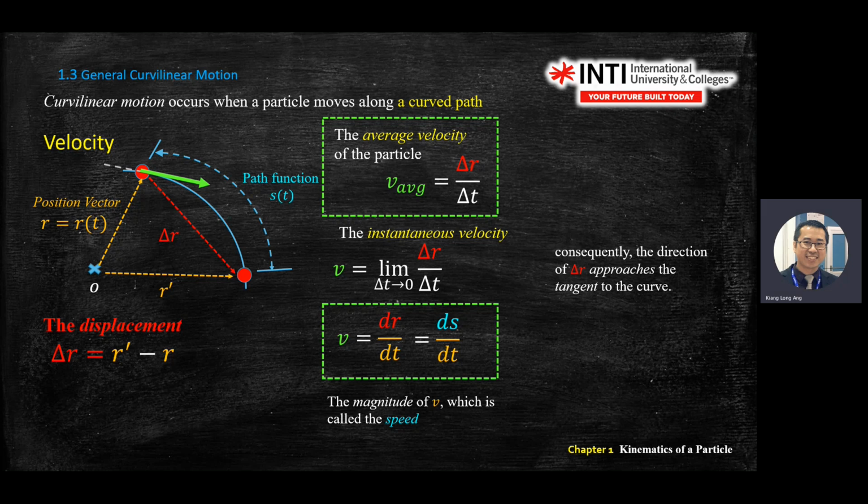This always works when you look at velocity. Of course, here we haven't touched on the direction yet, but early information I feed to you: the direction when you draw on a curve is always tangent. You know tangent, right? If you draw this vector and this R line, it is always 90 degrees.